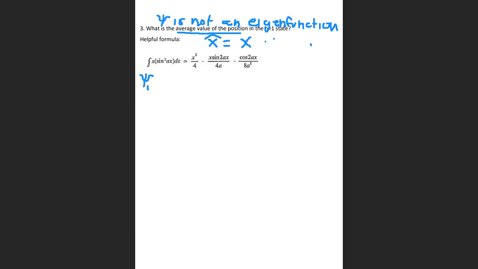All right, the wave function in the n equals 1 state is A, which we now know is 2 over L to the 1/2, times the sine of 1, because n is 1, pi x over L. Or even write it this way.